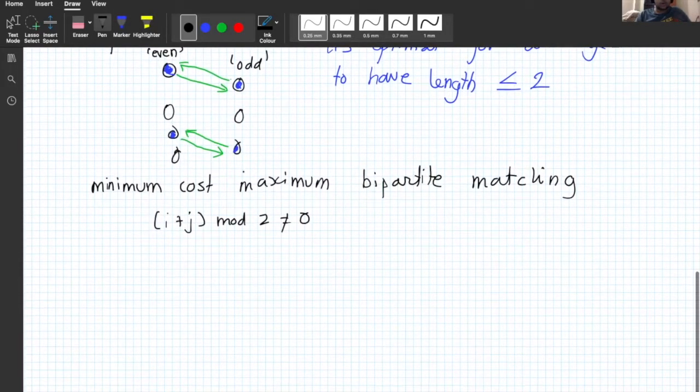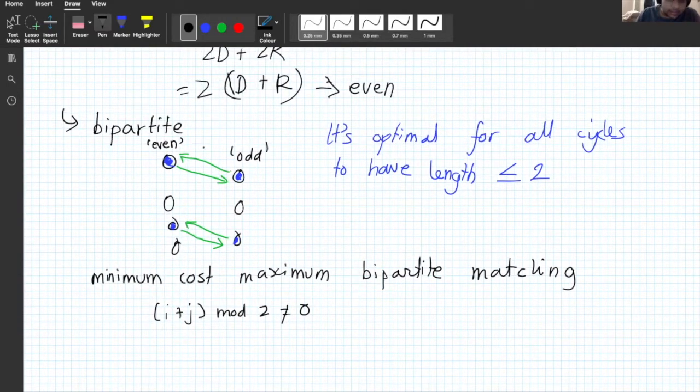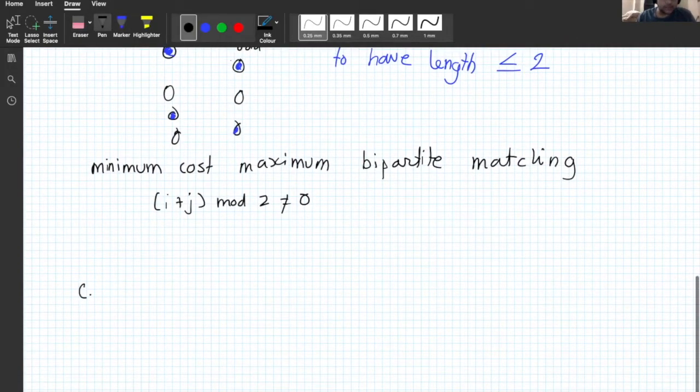Now, I'm assuming you guys are familiar with the basic idea of bipartite matching. The way to make a flow network out of this is we have a source and a sink. We have our even terminal nodes and our odd terminal nodes. Let's say they are the same number, and if they aren't the same number, then this is not possible, so the answer would be minus one.